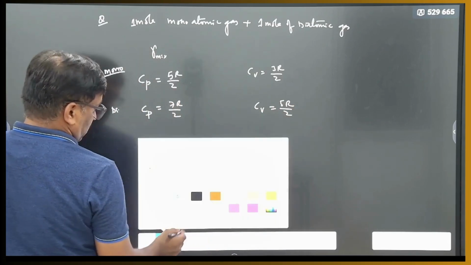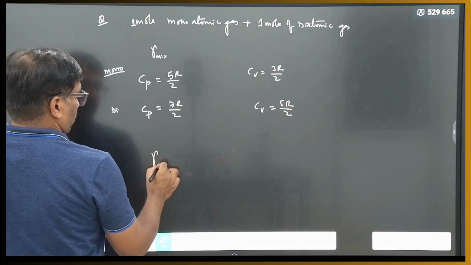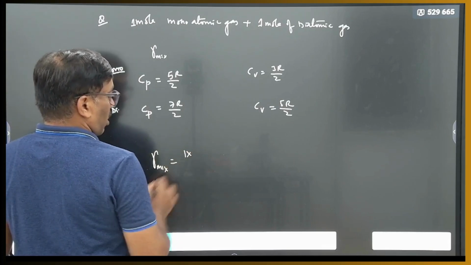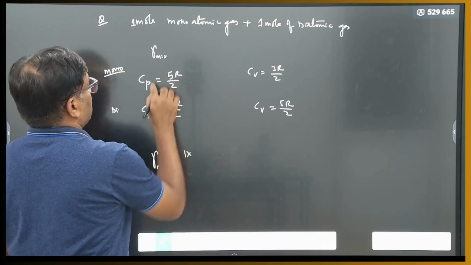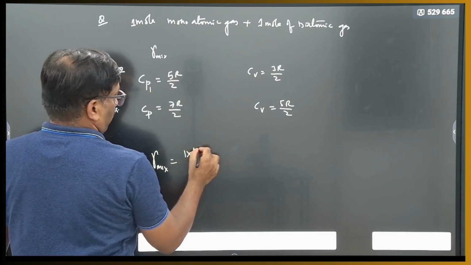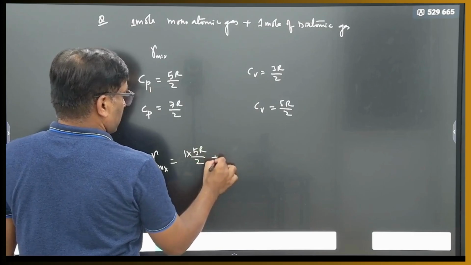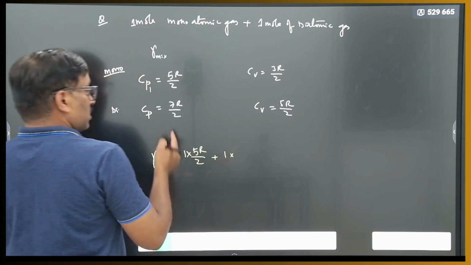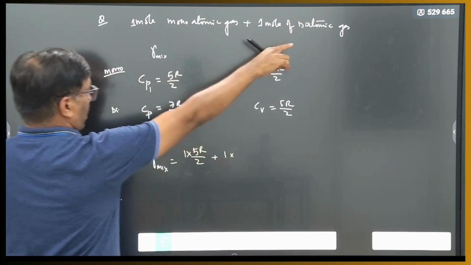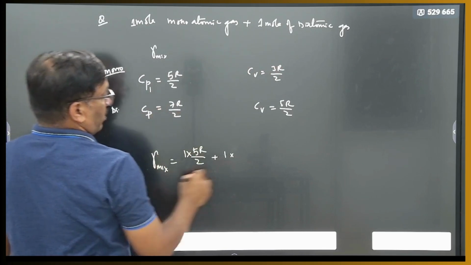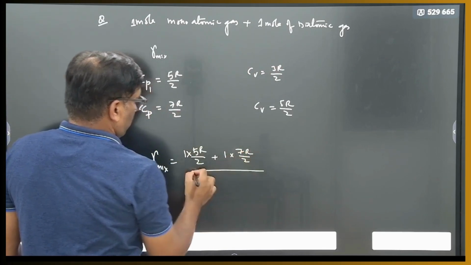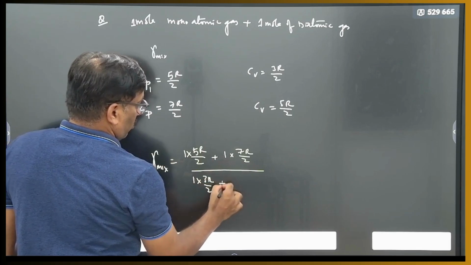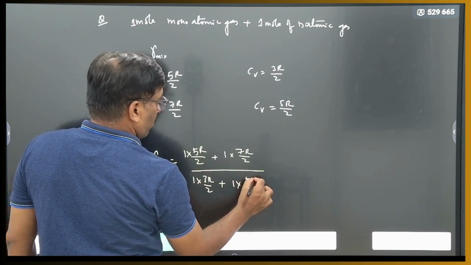So we can write the gamma of the mixture. For 1 mole, Cp1 for monoatomic is 5R by 2, plus 1 mole for diatomic, Cp2 is 7R by 2, divided by 1 times Cv, 3R by 2, plus 1 times 5R by 2.